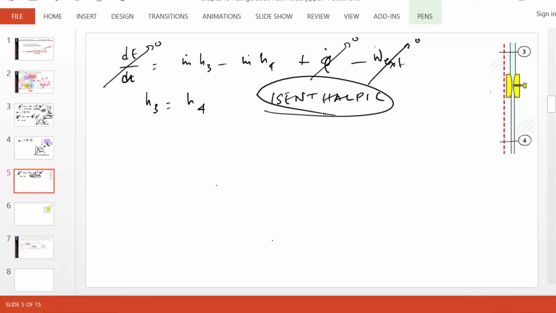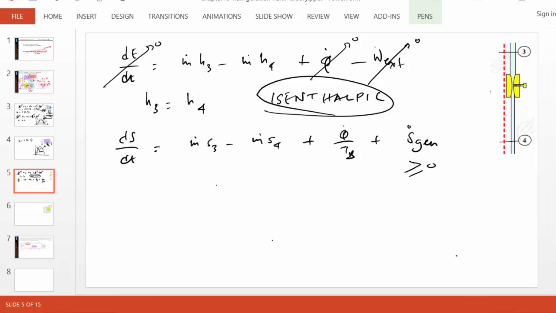But as you can see, if we use the entropy equation, you can immediately see entropy will increase because the way the valve works is through friction. Whenever there's friction, S dot gen is going to be greater than 0, this is the second law of thermodynamics. It can be equal to 0 for a reversible system.